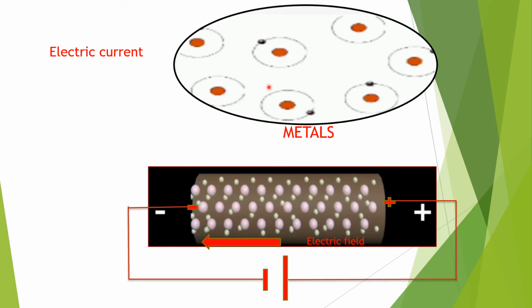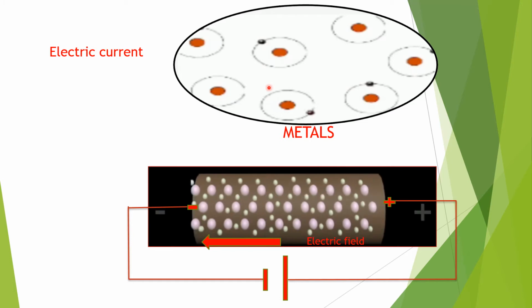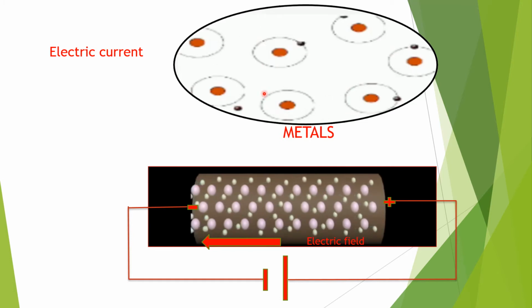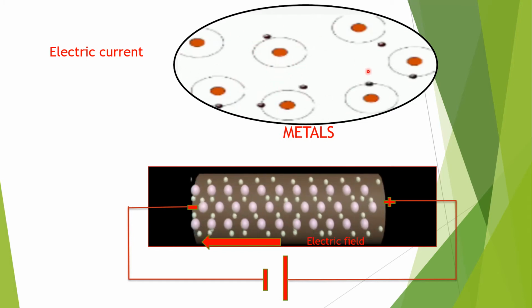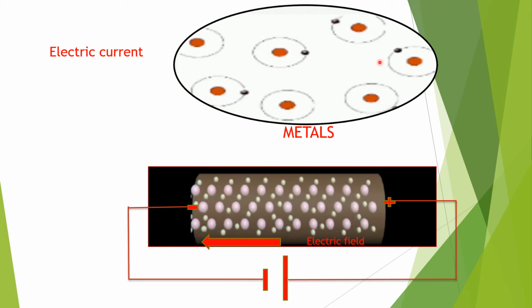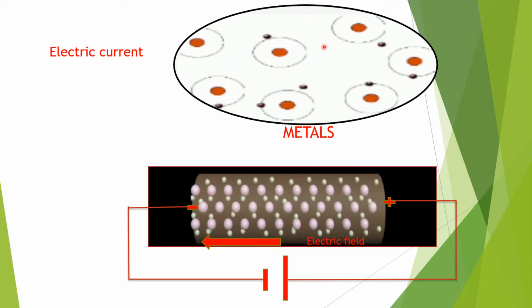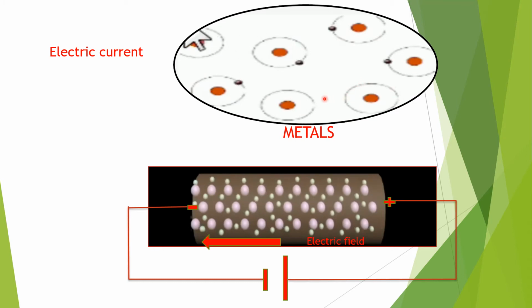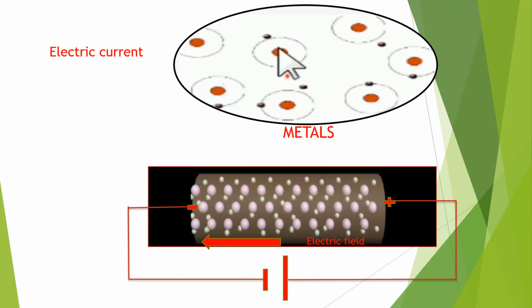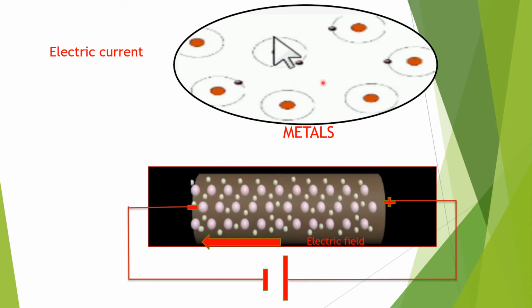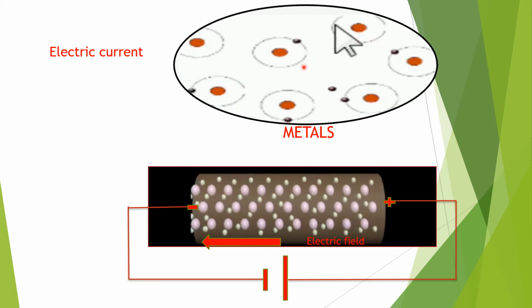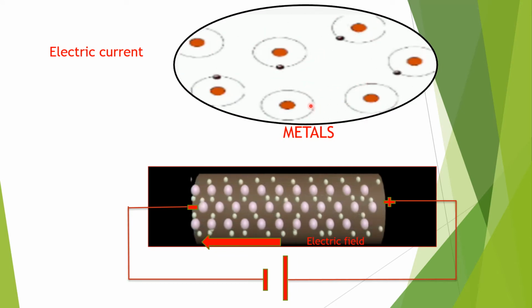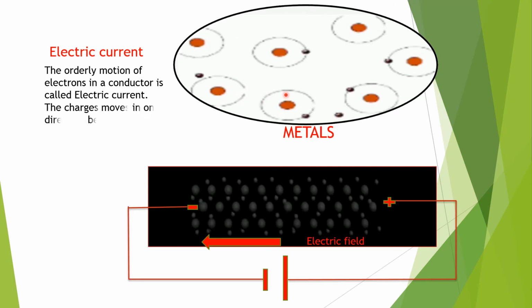These free electrons move randomly. Observe the random motion of the free electrons in the metal when it is not connected to the external electric field. See, they move randomly colliding with the atoms.